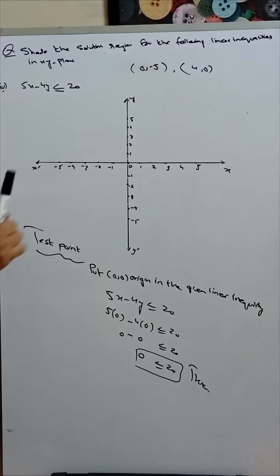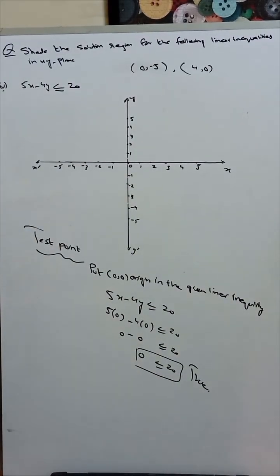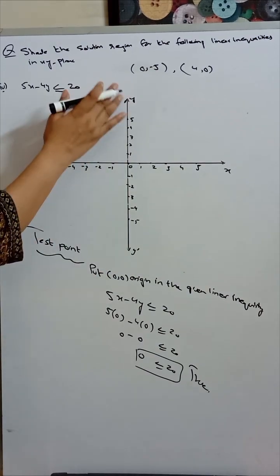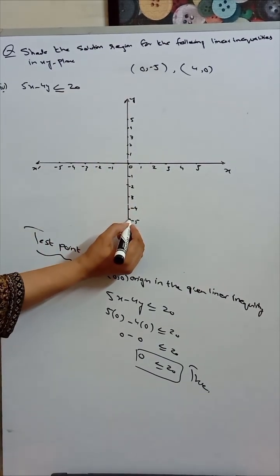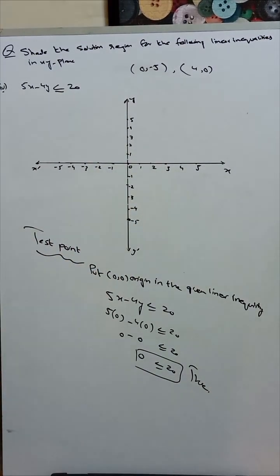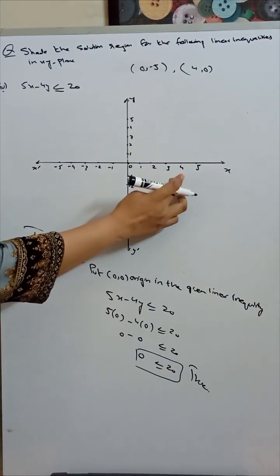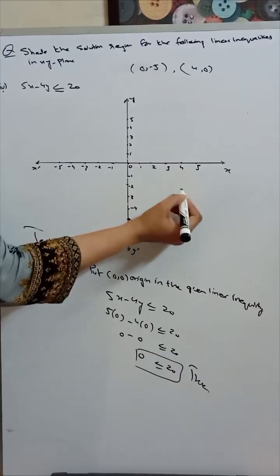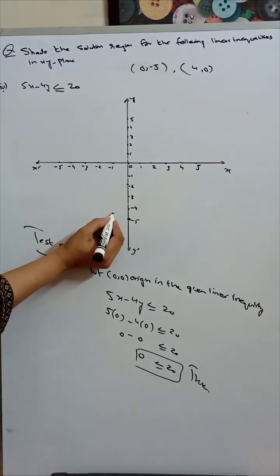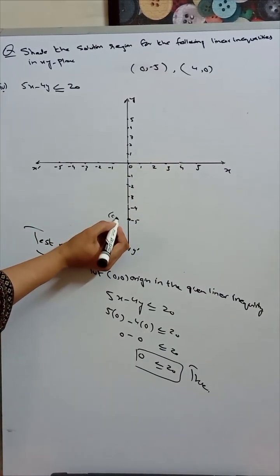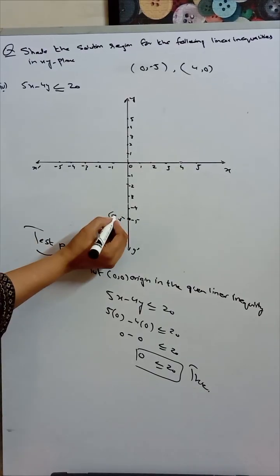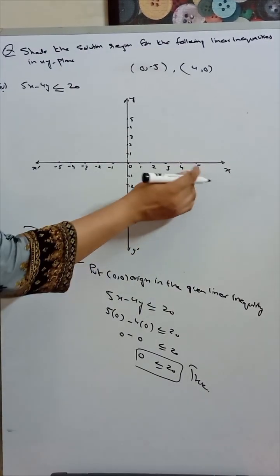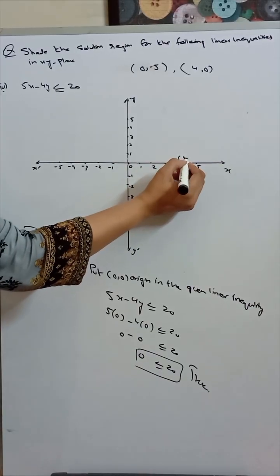So, the first ordered pair is 0 and minus 5. If x is 0 and y is minus 5, not upward, downward, mark the point at minus 5 here. Now next, x is 4, y is 0. If y is 0, again this point, and 4 is this one. So this point is known as (0, minus 5), and this point is known as (4, 0).